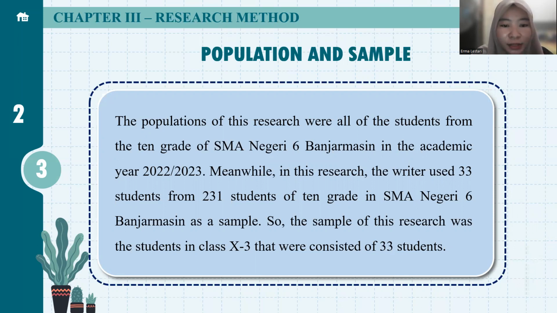Why did the researcher choose this class for this sample? Because the observation reveals that the students in this class have great enthusiasm for English, especially for encountering new things. For example, when they know that they will be taught by the researcher in speaking class, they will be happy and more enthusiastic.